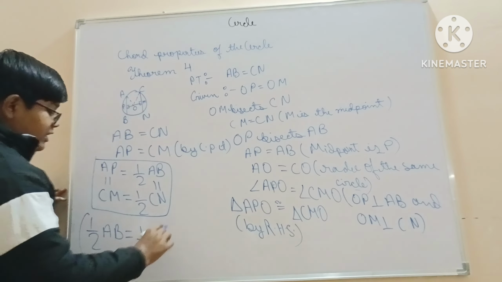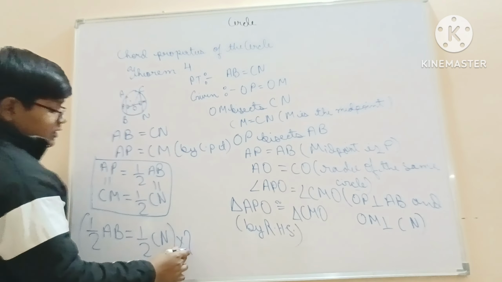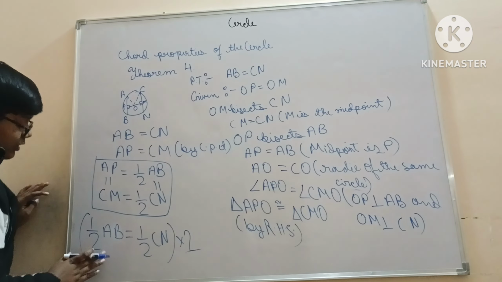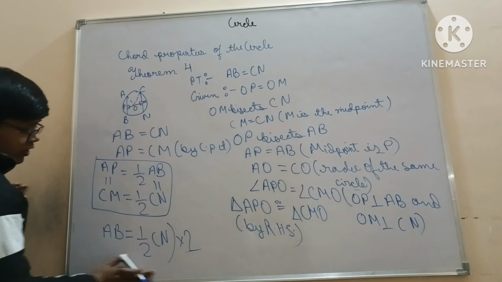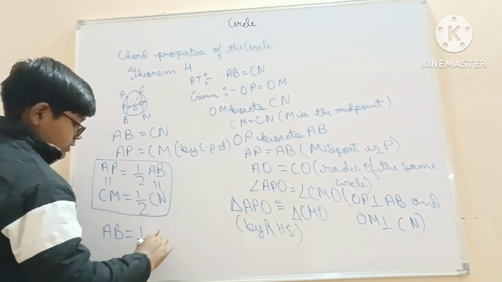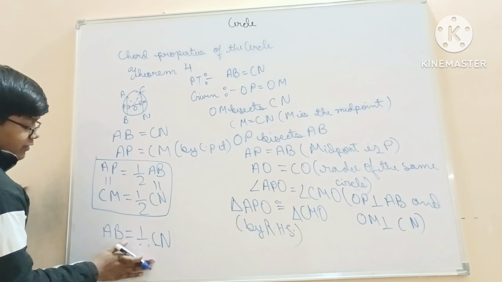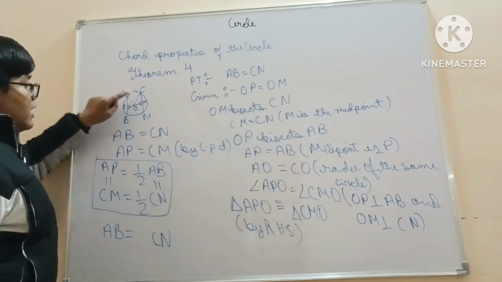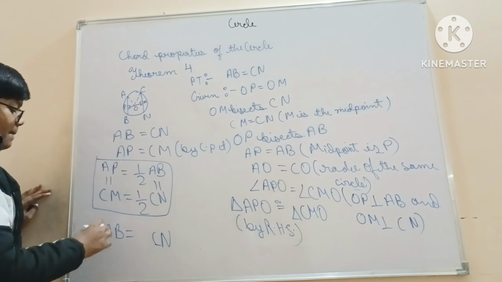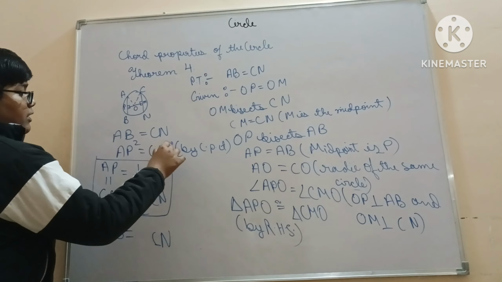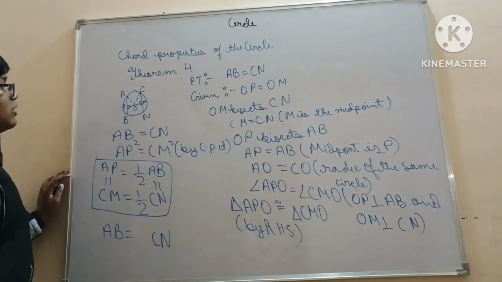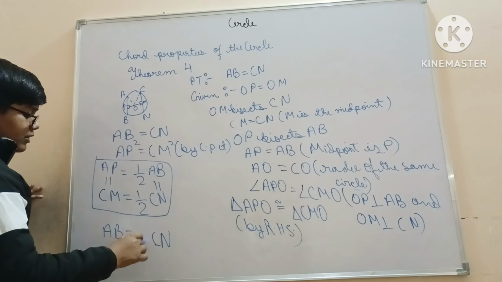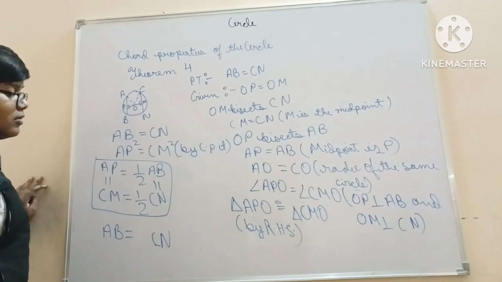Now if we remove this half, we can say that AB is equal to CD, because AB is half and CD is half, so they will be of equal length. So AB is equal to CD by this method.